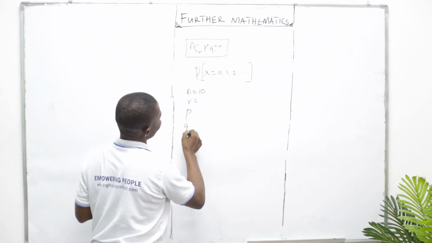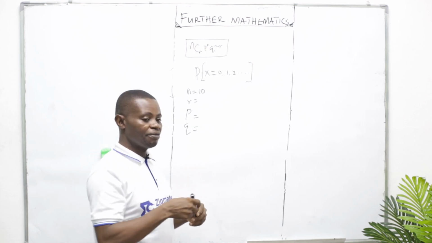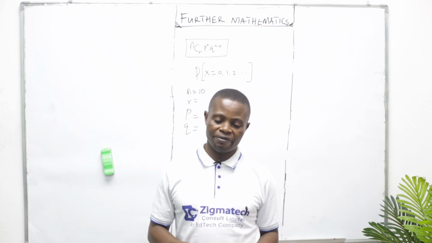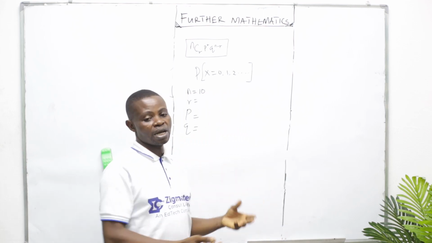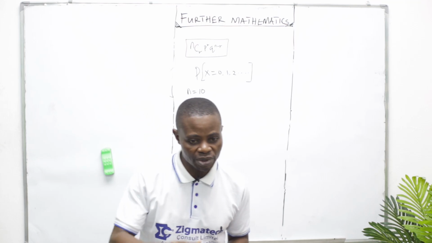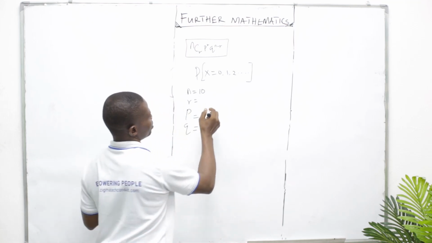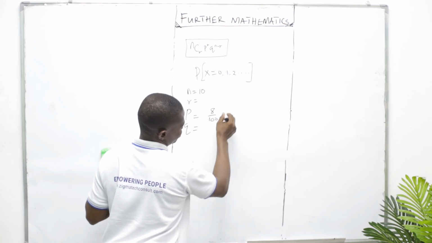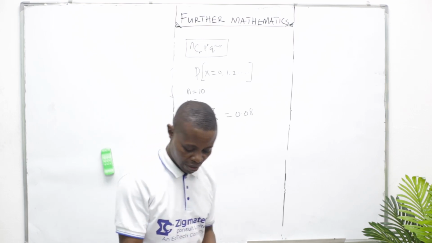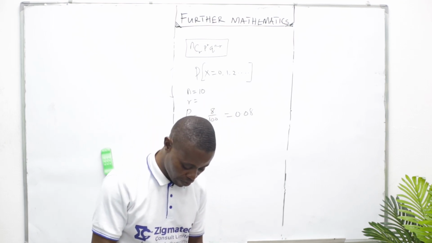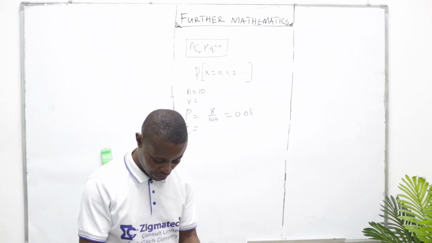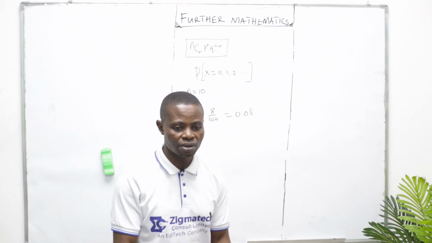P and Q represent success and failure. But in this case, we are dealing with defective and non-defective, meaning good one and bad one. It is still P and Q. So defective has been given to us as 8%, so 8 over 100 gives us 0.08.